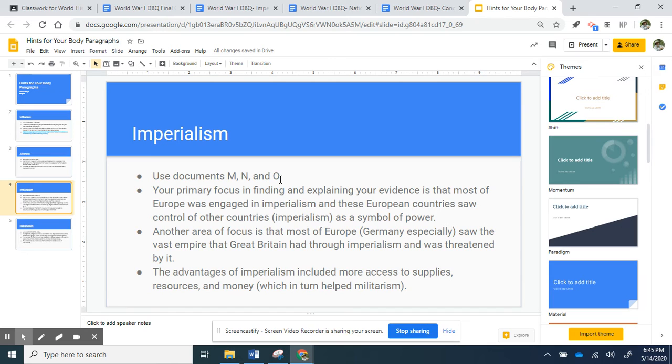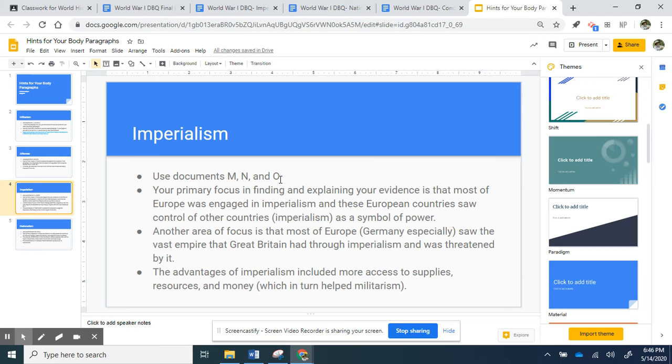So with imperialism, as I explained when I first showed this, the idea is most of Europe is engaging in imperialism. If you remember imperialism from our last unit, imperialism is when a stronger country takes over a weaker country. Generally, Europe was conquering countries in Africa and Asia and in Central and South America.